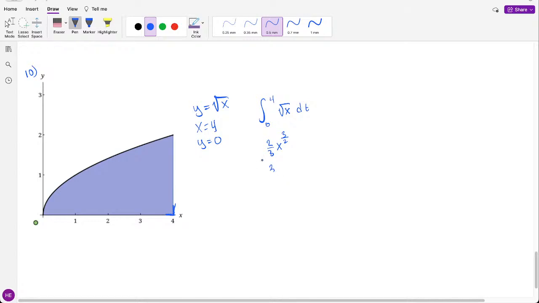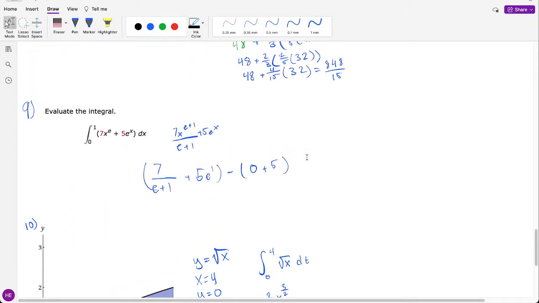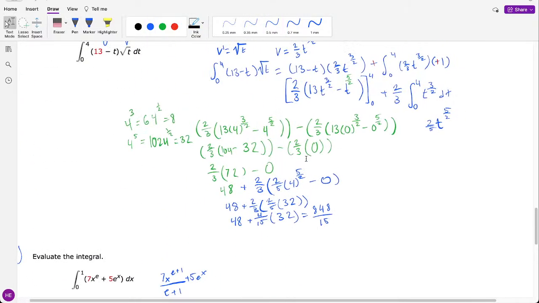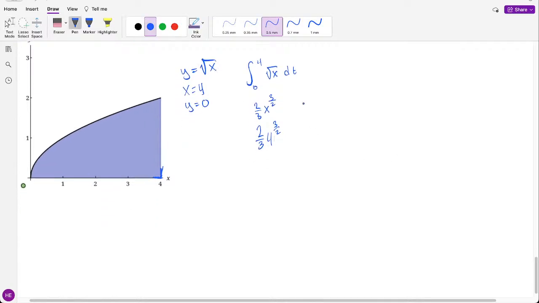So, whoa, that's a weird 2. 2/3 times 4 to the 3/2 power. 4 to the 3/2, I believe we did that up here. 4 to the 3/2 is 8. So this is equal to 2/3 times 8, which is 16/3.